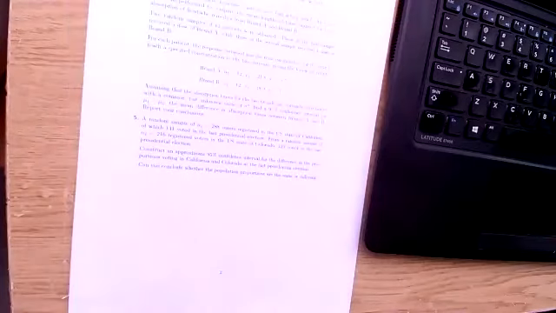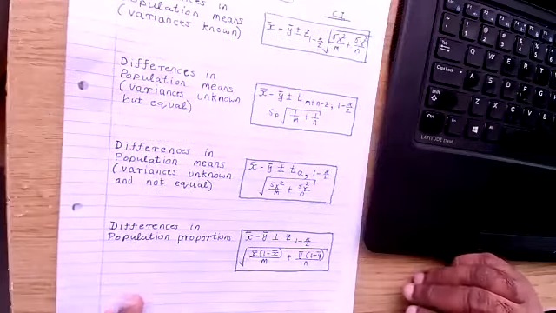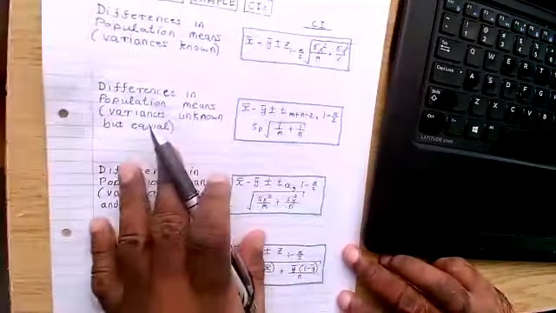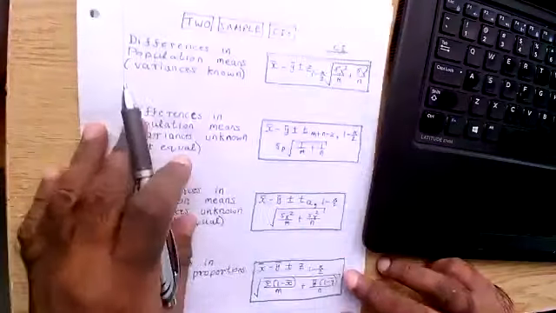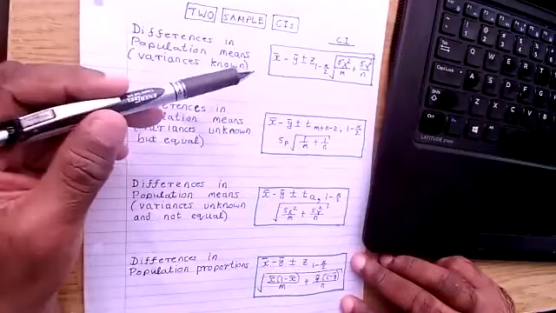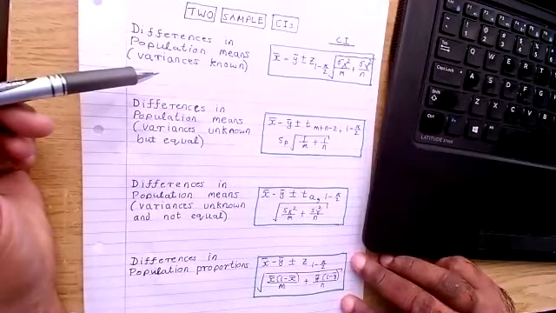Okay, so to do that, we need to go back to what we learned last week. You may recall from last week, we talked about these 4 different confidence intervals, each for the 2 sample case, right? So the first confidence interval is for the difference in population means when the variances are known.